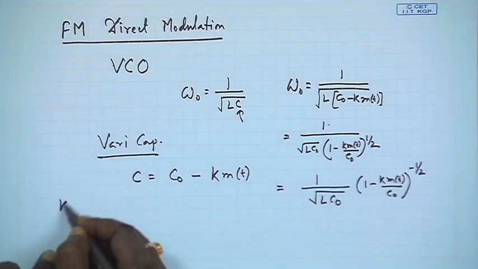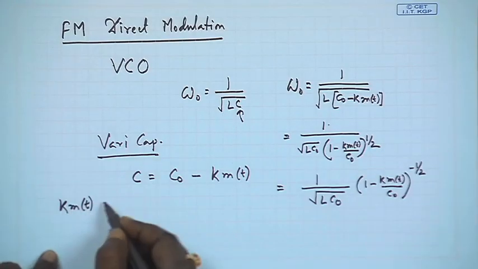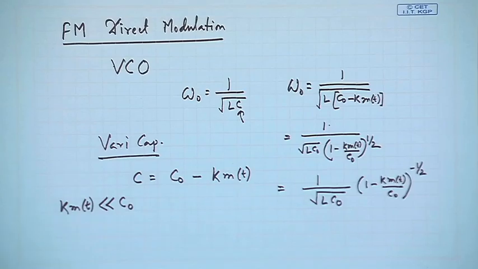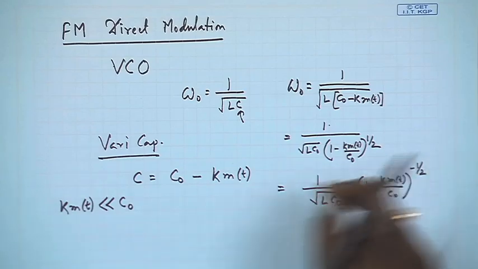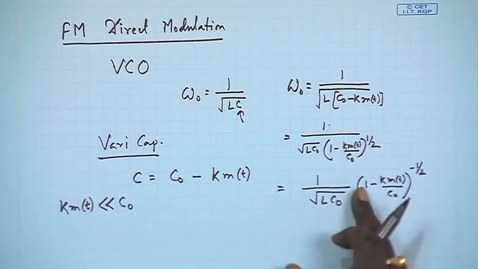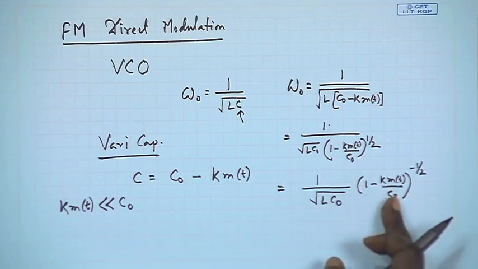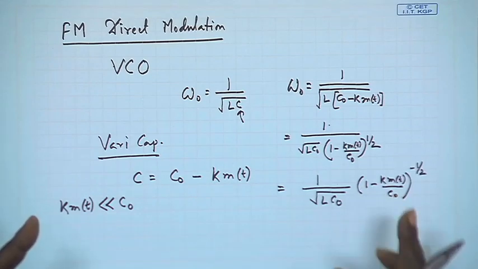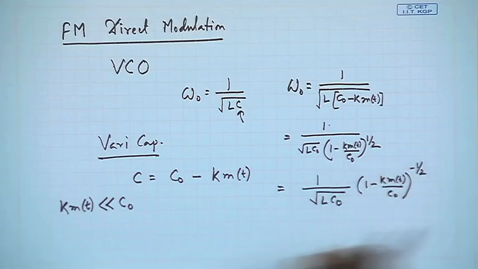now I will do a Taylor series expansion. As long as K into mt is less than C0, this particular term will be small enough, and if I do a Taylor series expansion, what will I get? I will get the first term, then the second term is still valid because it is the linear term. After that it is just quadratic of this one, where Kmt by C0 is much less than 1, so I can neglect those terms.